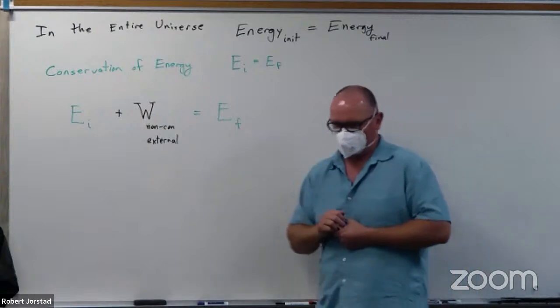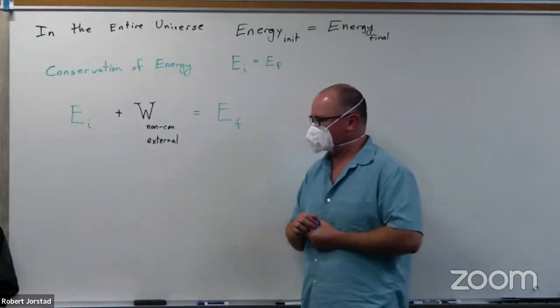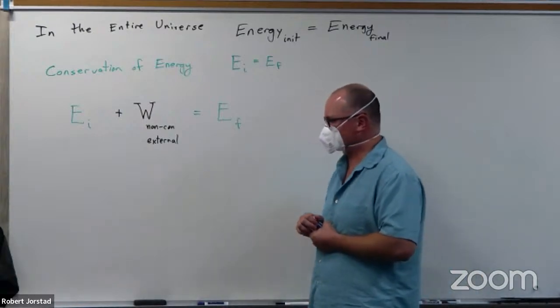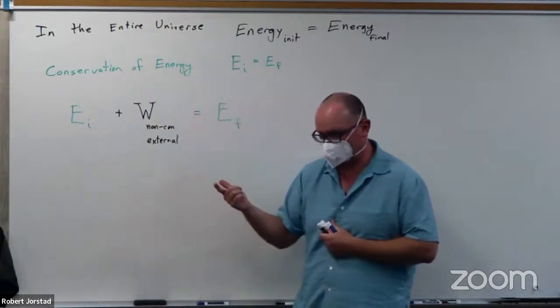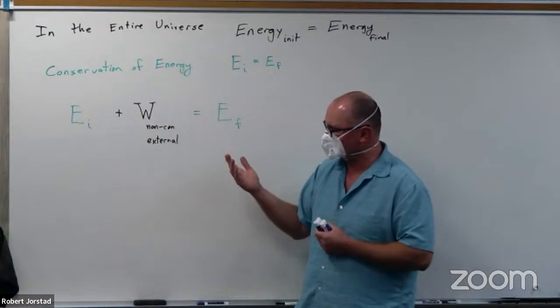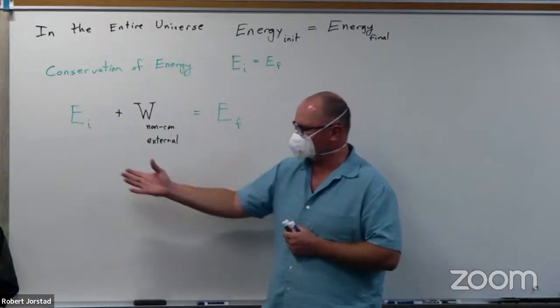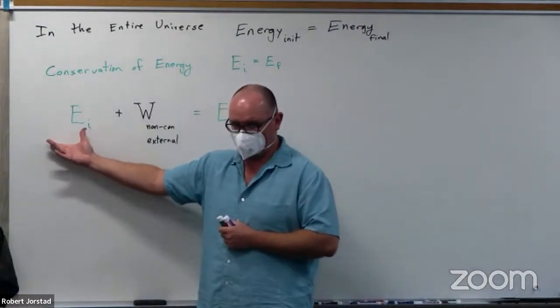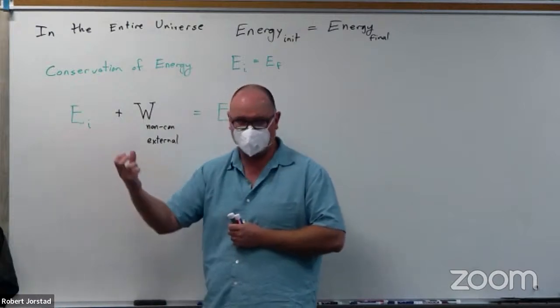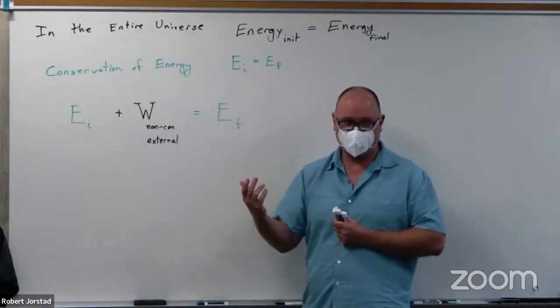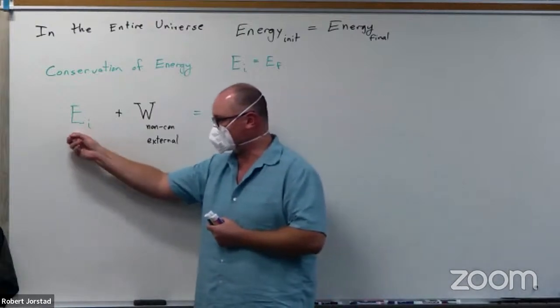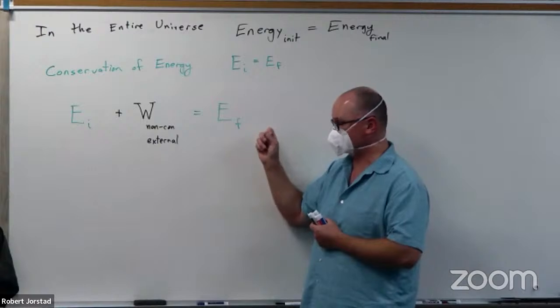Think of energy as like your bank account, right? You could have different types of bank accounts, a checking account or a savings account or whatever. So you can imagine there's different types of energy you have, different types of accounts, but it's all money, okay? And then in the real world, we know that the amount of money you start with is not the amount of money you end with.